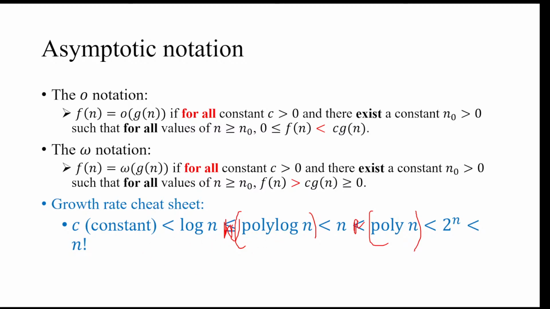Anyway, polylog n will always be less than n when n goes to infinity, and then you can also say just poly n here, and any poly n for any poly will be less than or equal to 2 to the n, and 2 to the n will be less than n factorial when n goes to infinity.